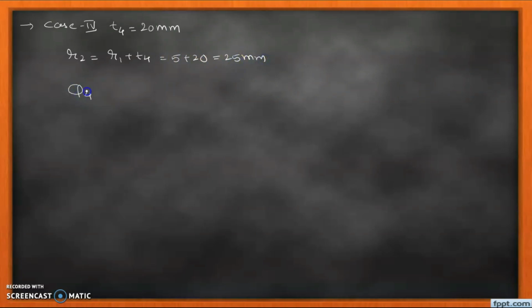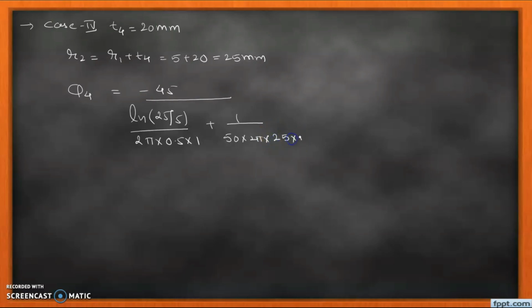And the value of Q4 is minus 45 divided by ln R2, which is 25, and R1, which is 5, divided by 2 pi into thermal conductivity, which is 0.5, and the length is 1, plus here 1 divided by 50 into 2 pi into the value of R2, which is 25 into 10 to the power minus 3, into the length is 1. So finally we get the value of Q4, which is minus 70.35 watt.